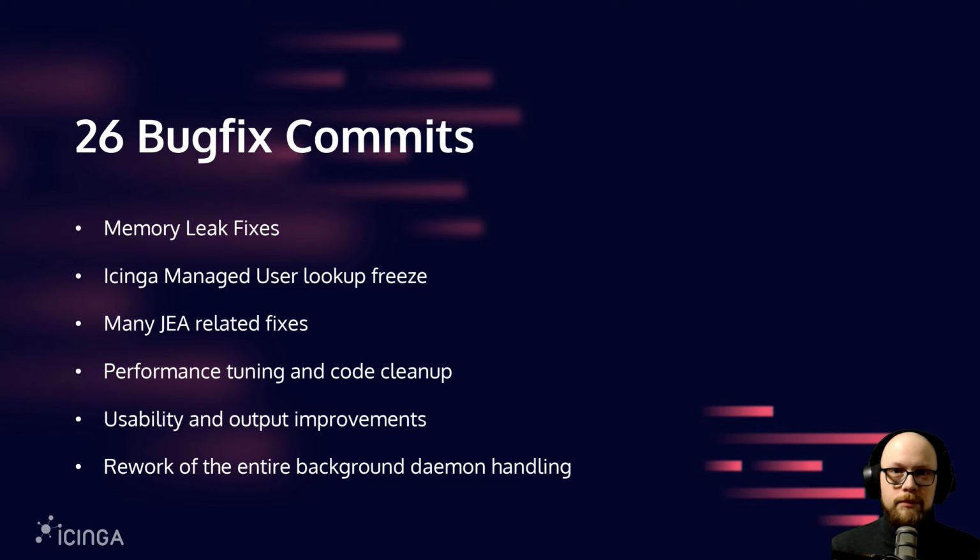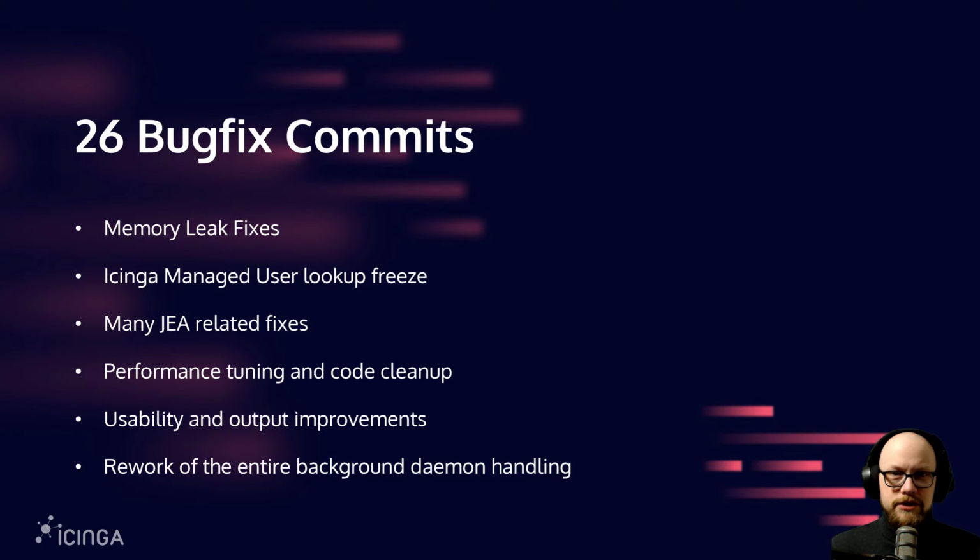We had a problem with the Icinga managed user, which caused, in large Active Directories, the entire process installation to freeze for, let's say, about half an hour, depending on the Active Directory size. That's fixed. Also, we have lots of JEA related fixes.